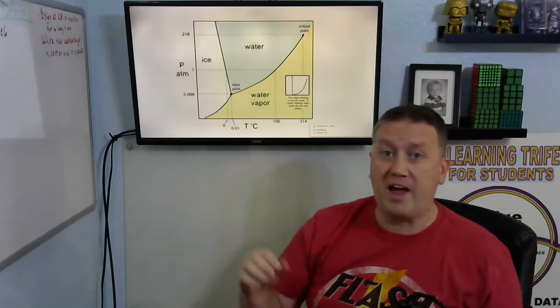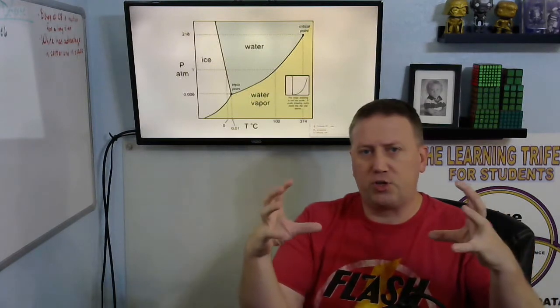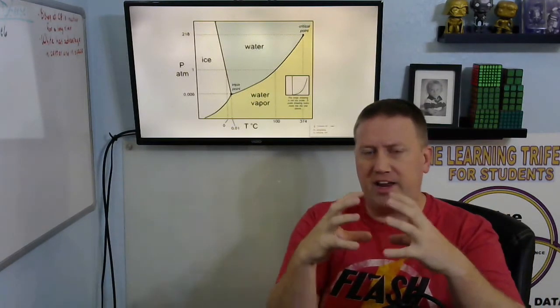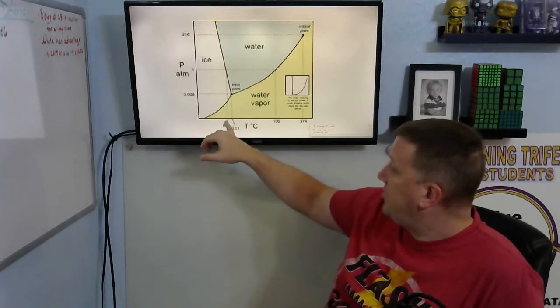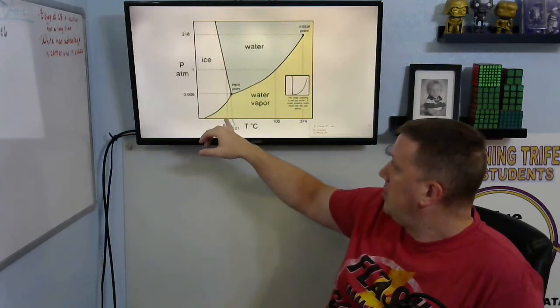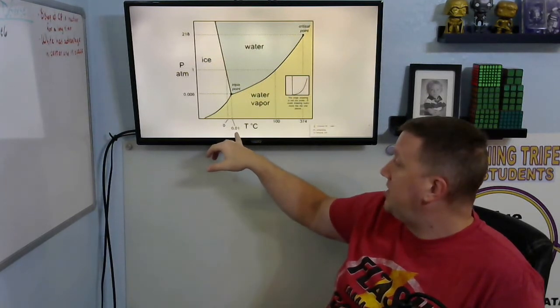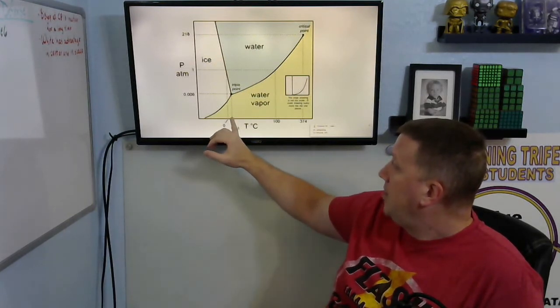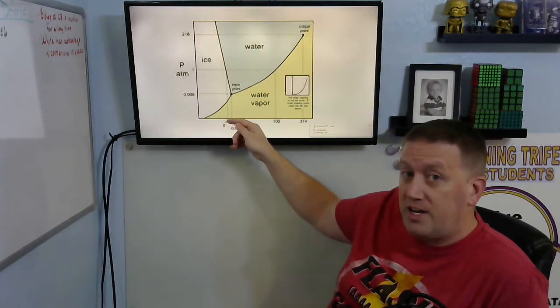So as we increase pressure, we start to push those molecules together. At the same temperature, right here at 0.01 degrees Celsius, it can be at a low pressure, it can be a gas.